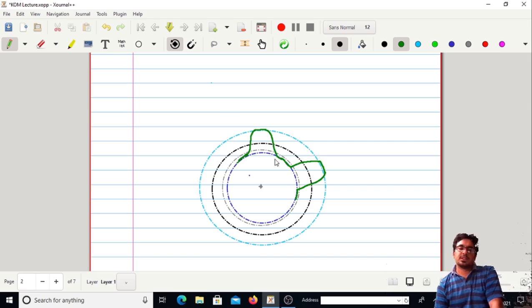So this is the typical geometry of the gear.